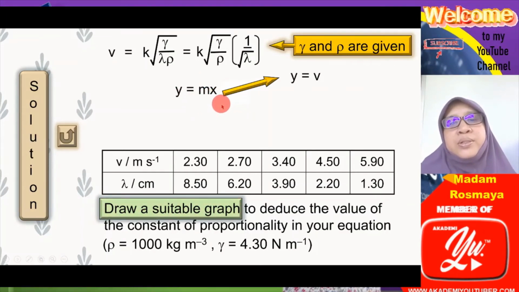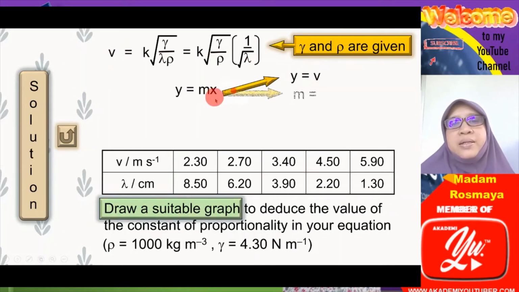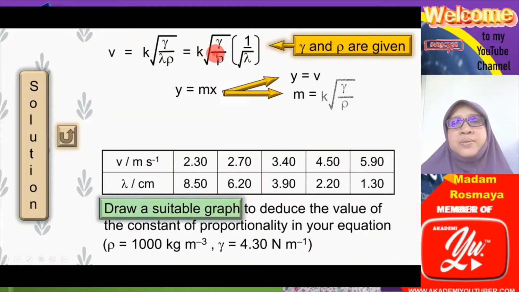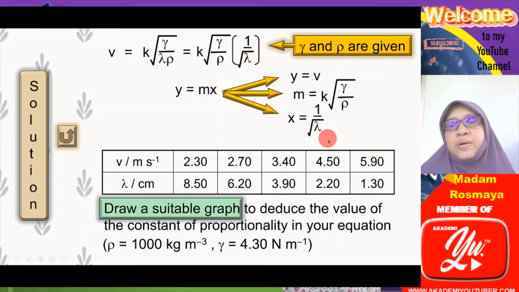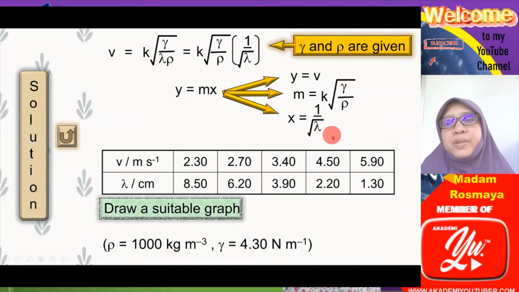So the suitable graph to be drawn has y-axis representing v, and the m, the gradient, is this constant value, k square root of gamma per rho, and the x will be 1 per square root of lambda.